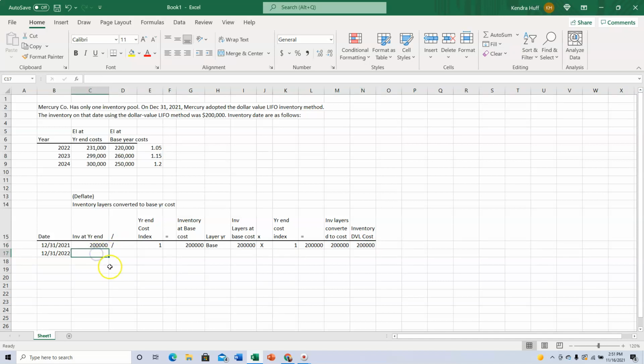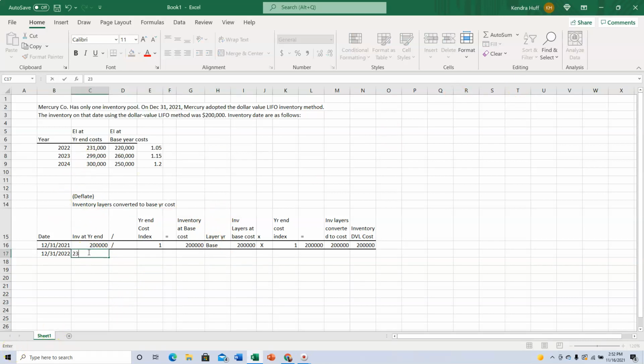Then in 2022, I also like to draw a line under these because you have to keep each layer separate. In 22 you start off with the 231. Make all these dollars.